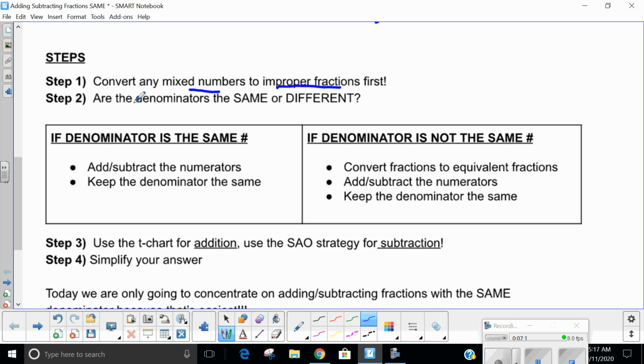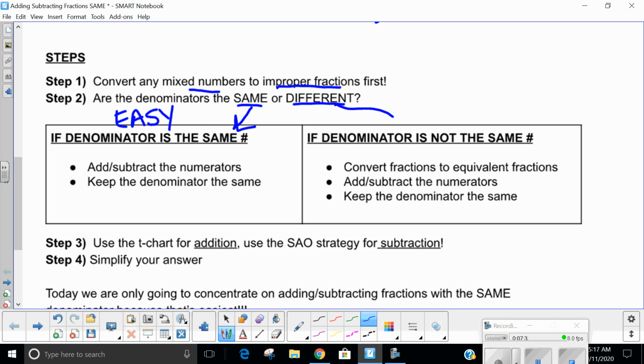And then we're going to check and ask, are the denominators the same or are they different? Because if the denominator is the same, we get to follow these steps, and that's the easy part. This is the easiest step if the denominators are the same.